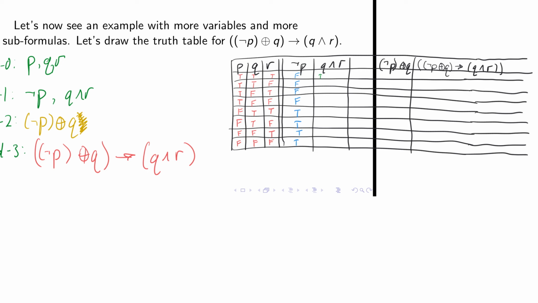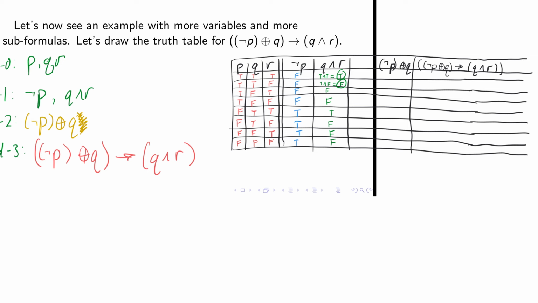Here we're going to get true and true, so true. On this row, always looking at the columns for Q and R, we're going to get true and false is false. So these are the actual values in the table. I'll just start filling without showing the calculations in any detail, but you get false, false, true, false, false, false.